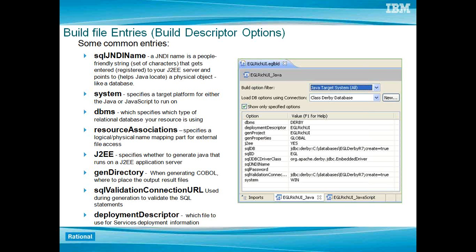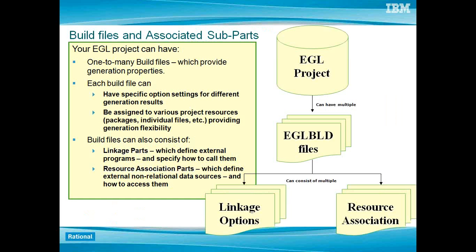Same way, there are J2EE properties, generate directory, where you would be generating your COBOL code. So here you would be specifying the directory on your machine. And same way, SQL validation, connection, deployment, description options.